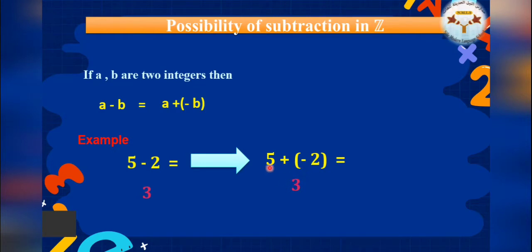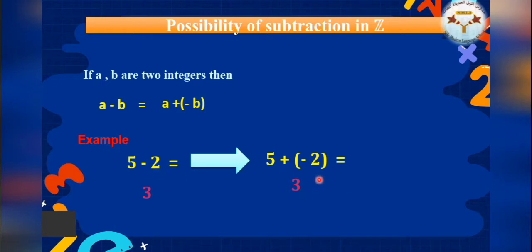As you can see, both operations equal positive 3. So 5 minus 2 is the same as 5 plus negative 2. Change the subtraction into plus, then change the sign of the second number in the operation.